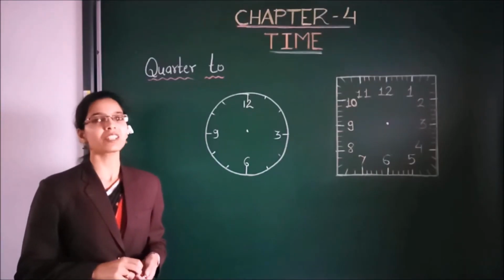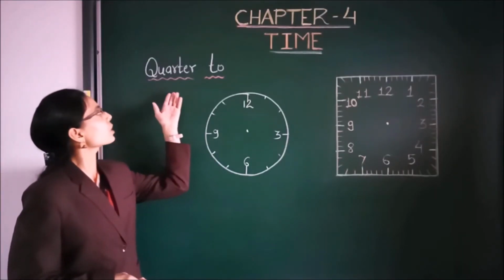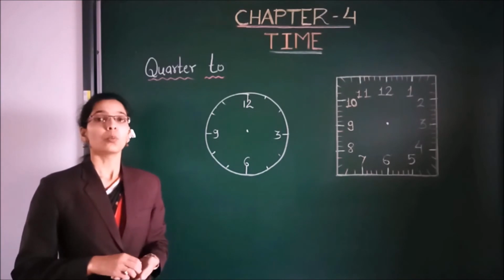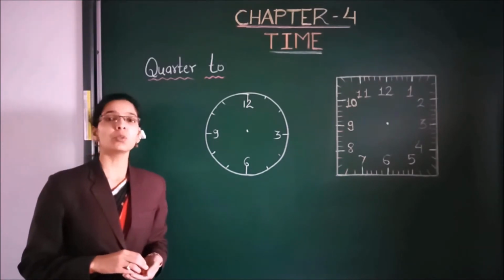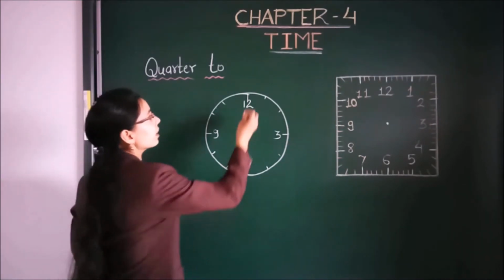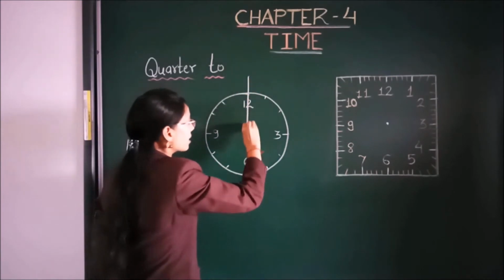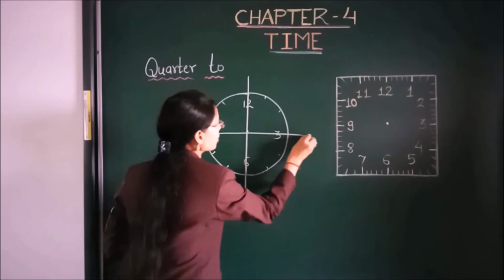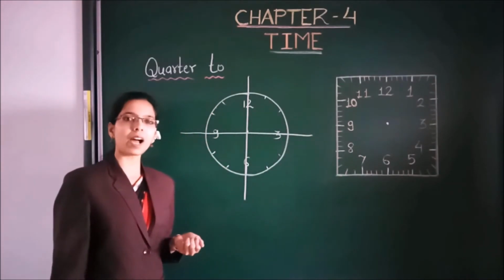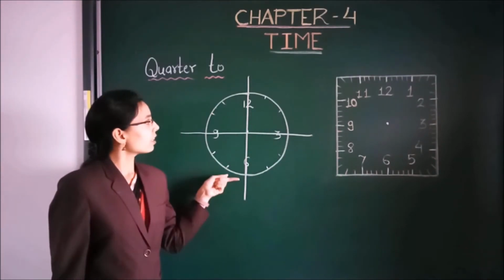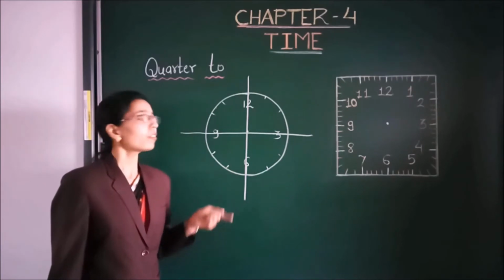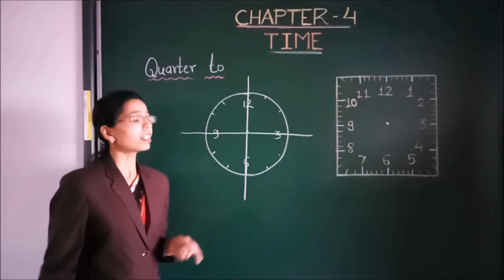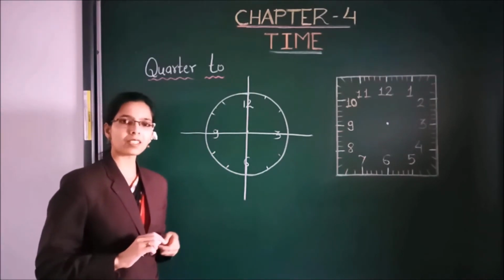Now children, our next topic is quarter to. What is quarter to? Children, look at here. If we divide this clock into 4 equal parts, yes, now look at here, we have divided this clock into 4 equal parts.